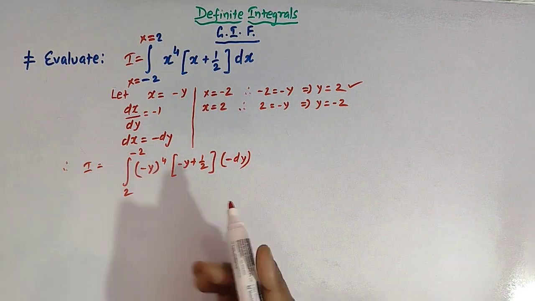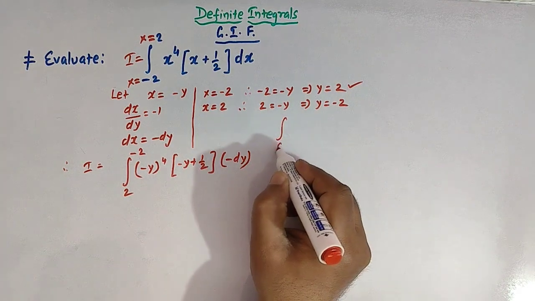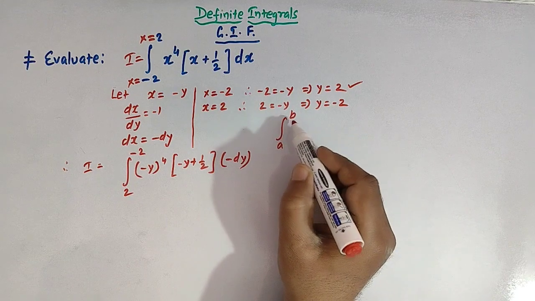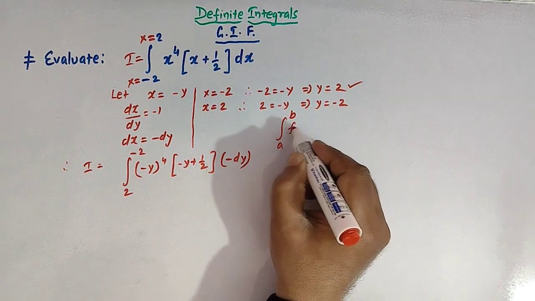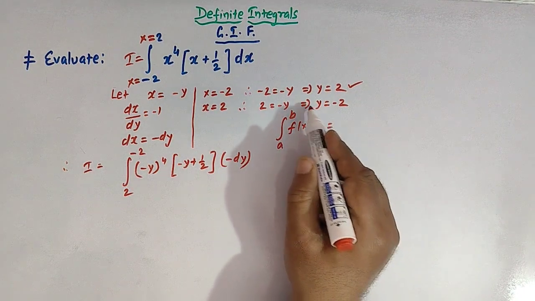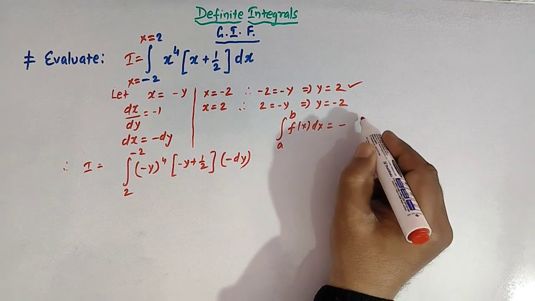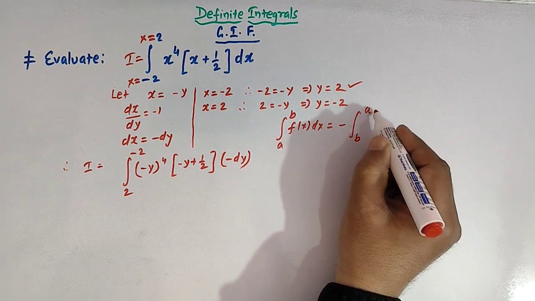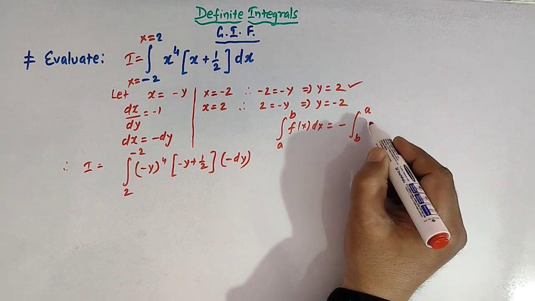Now we know an important property of definite integrals related to interchanging of limits. When we have the integral from a to b of f of x dx, we can write it by interchanging the limits as b to a, with a negative sign in front of the integral.